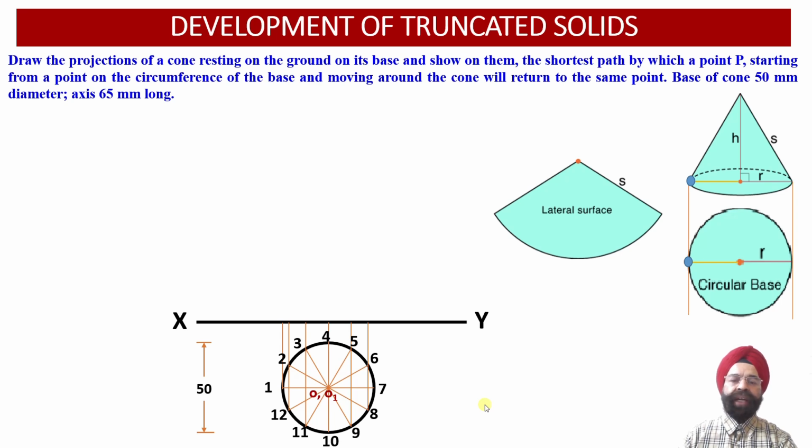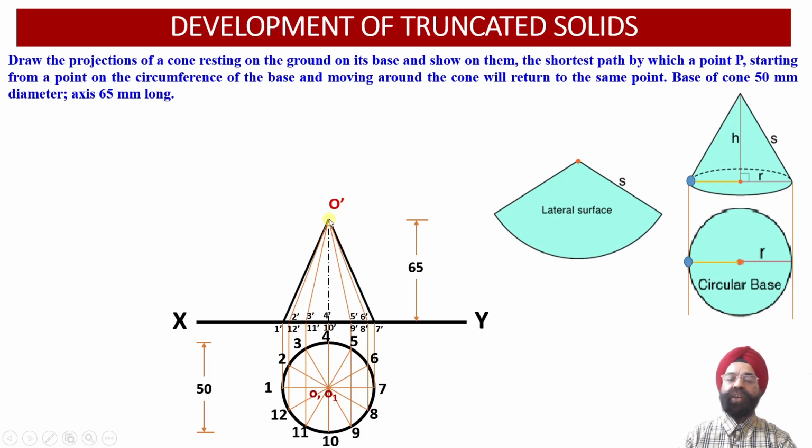Now having obtained the top view projections of this cone, all these 14 points we are going to project into the front view projections over here: 12 points corresponding to the base, 2 points corresponding to the axis over here. So the 12 points of the base we have obtained onto the XY reference line, and we have marked the axis height as 65 millimeter over here. The moment we mark the axis height, the point of the apex, that is point O dash, has been appropriately located over here.